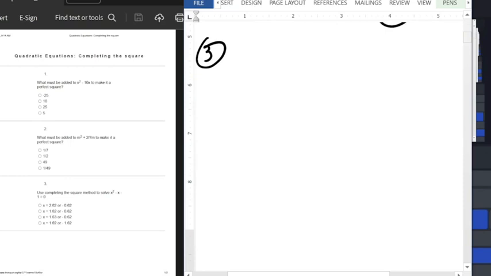Then for question number 3, we have to use the completing the square method to solve this quadratic equation. Even if you use the factorization method, it might not work because this expression is not factorizable. We have x squared minus x minus 1 equals 0.